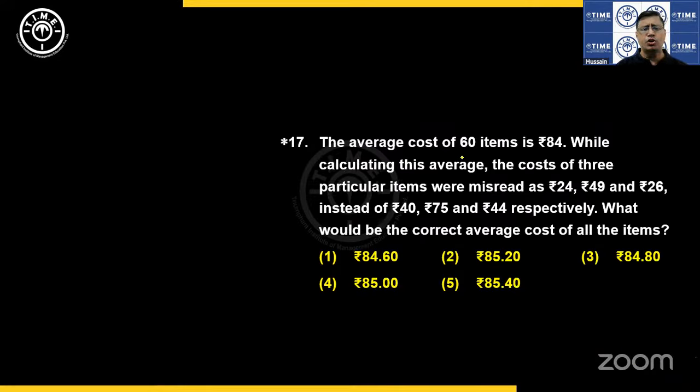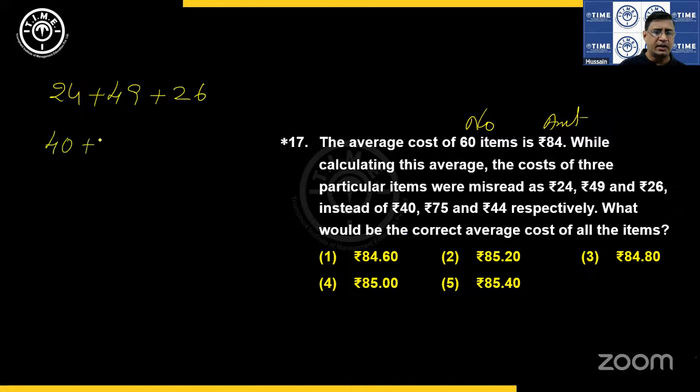The average cost of 60 items is 84. Number of items here and amount. While calculating this average, the cost of 3 particular items were misread as 24, 49, and 26 instead of 40, 75, and 44 respectively.